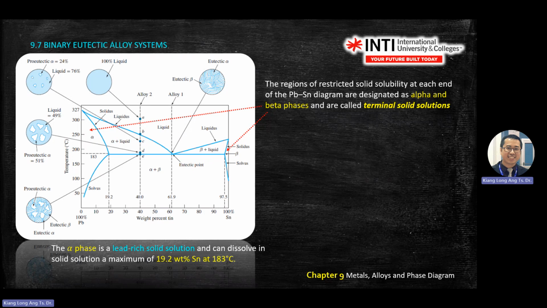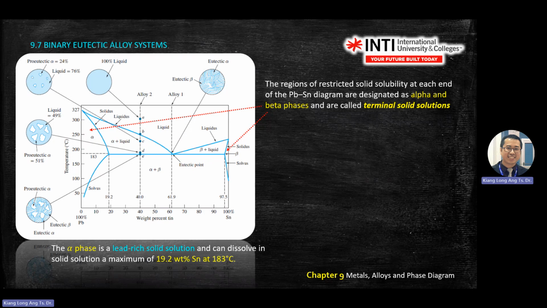Here you have almost 100%, or the least is 80% of Pb, in the alpha region. So the alpha phase is called a lead-rich solid solution because Pb is very high.